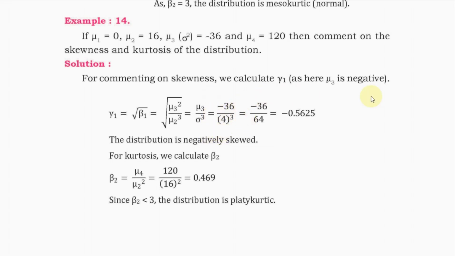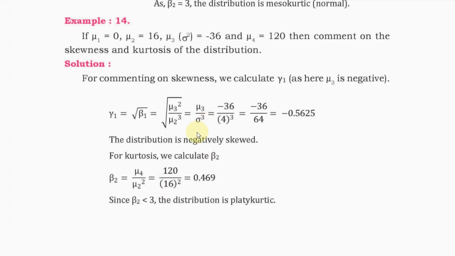But since the distribution can also be negatively skewed, if the negative sign vanishes here, the result will drastically change from negative to positive skewed, which is an error. Hence, instead of taking beta 1, we take gamma 1 here. So gamma 1 is nothing but root of beta 1. So root of mu 3 square divided by mu 2 cube.